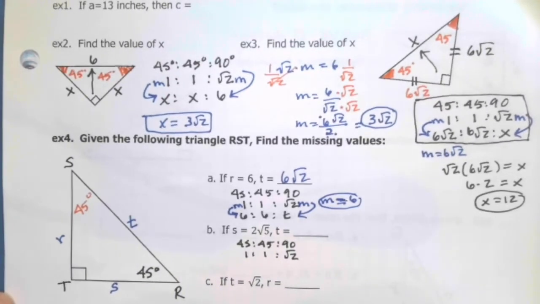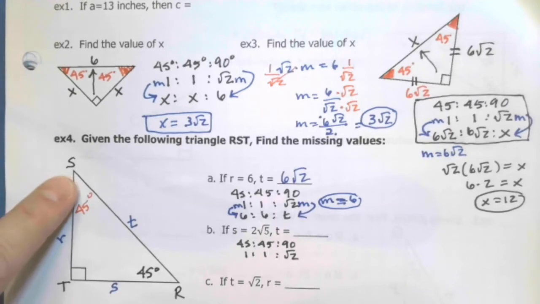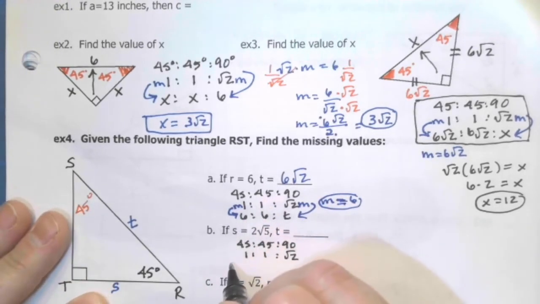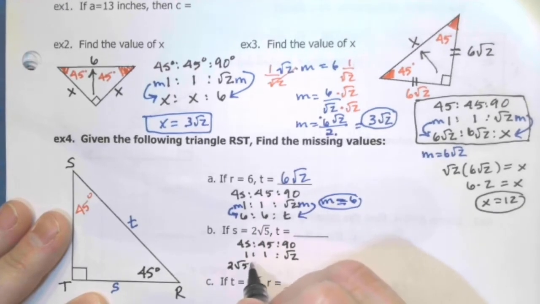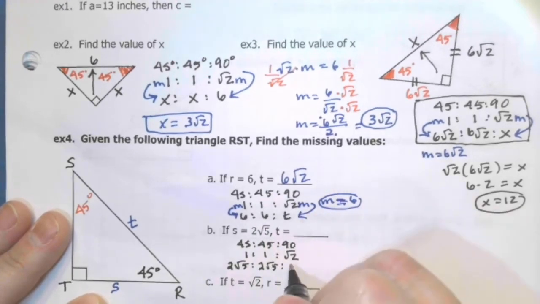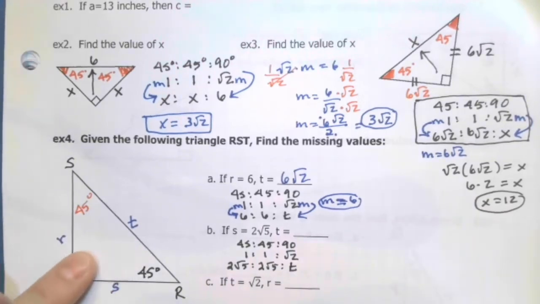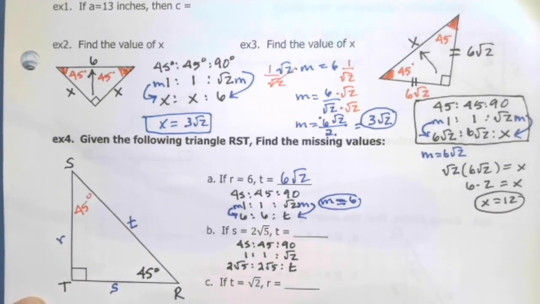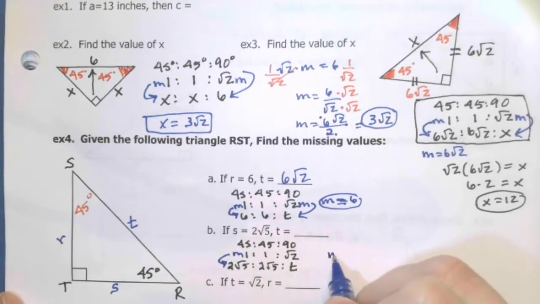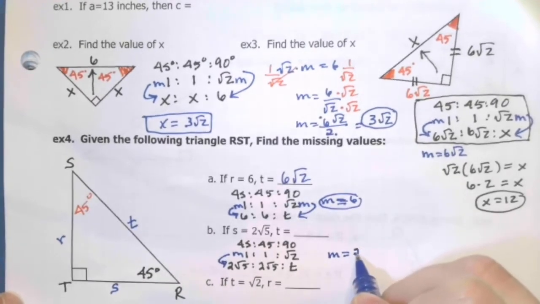We're told that s is 2 radical 5, which means anything opposite the 45 is 2 radical 5. So write in 2 radical 5, another 2 radical 5, and we're looking for lowercase t, which is opposite the 90 degrees. All right, 1 times my magic multiplier is 2 radical 5. So obviously my magic multiplier is 2 radical 5.